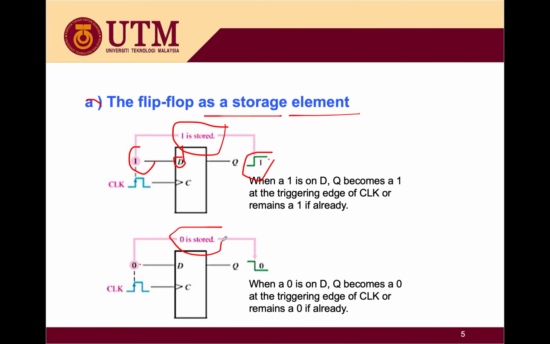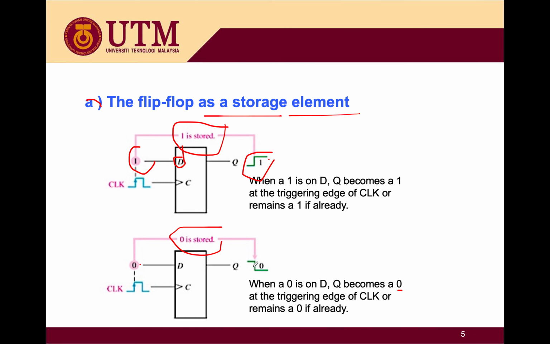You can see over here when 0 is on D, Q becomes 0 at the trigger edge of the clock, or remains 0 if already. So it will be 0 when the clock triggers. If it is a positive clock, a positive edge, it's going to be at a low to high transition, and if negative, high to low.